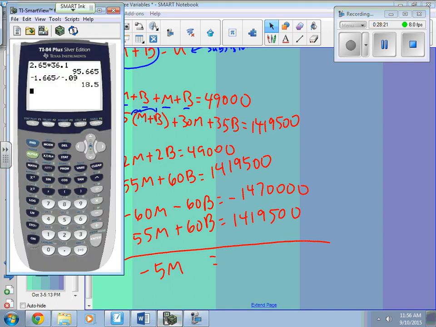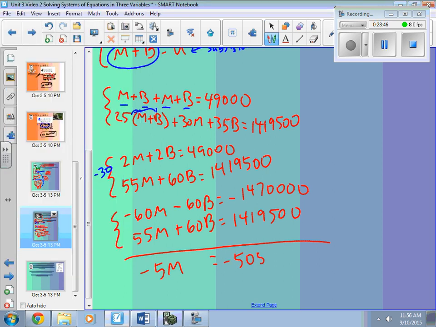We can type that in. And we should get this number, so we know the negative 5m equals this. So now if we divide by 5, we should get that.